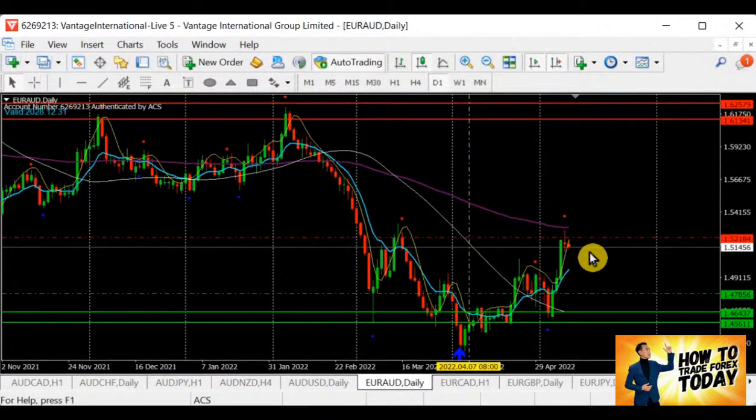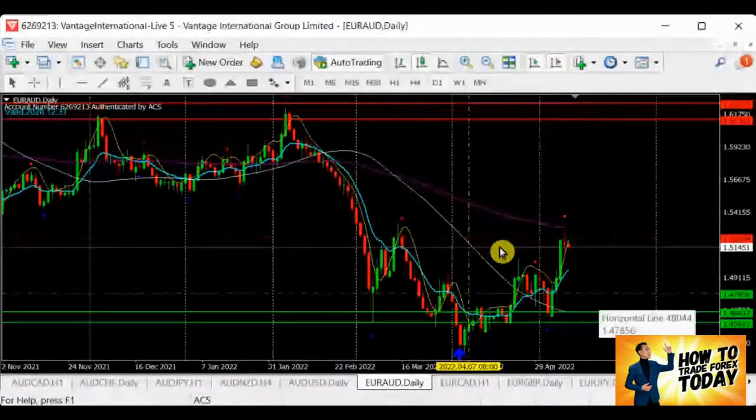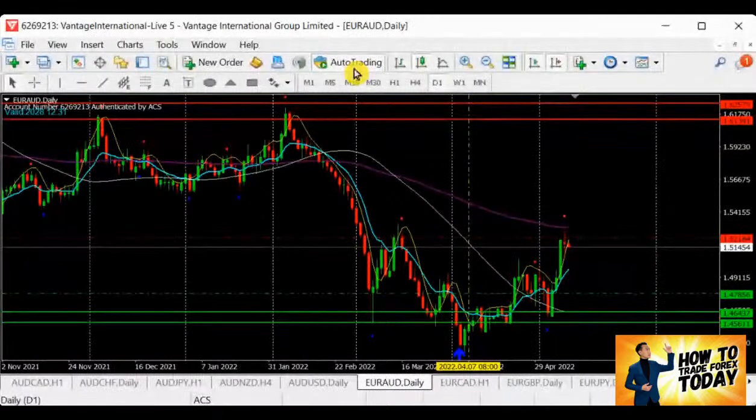We can see that it is entering into the bull. However, it meets up with a resistance right now, so it's going to have a retracement.